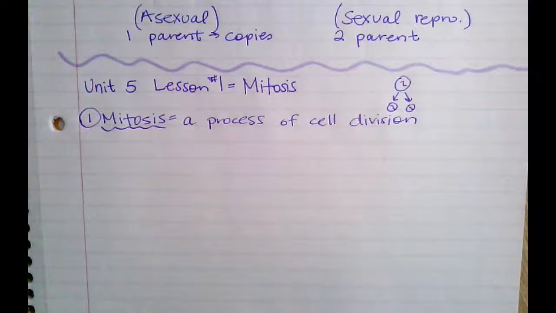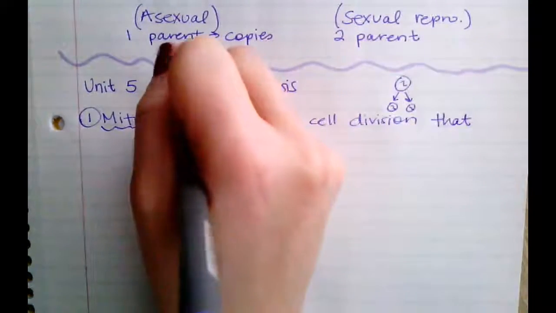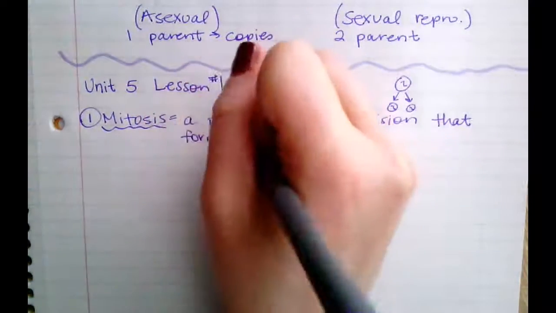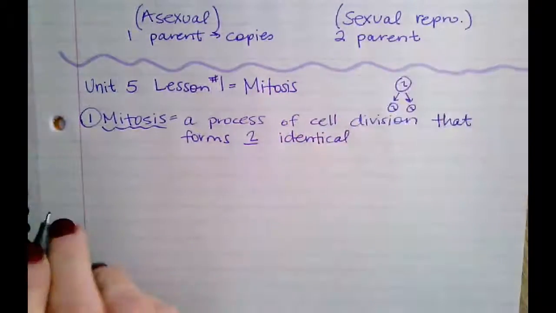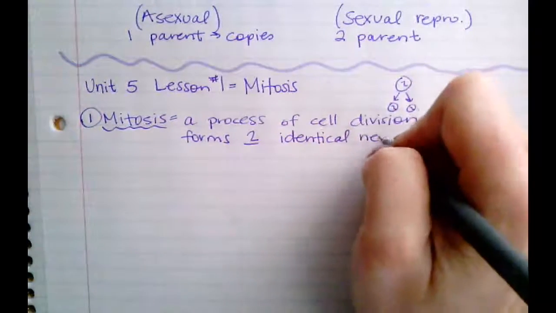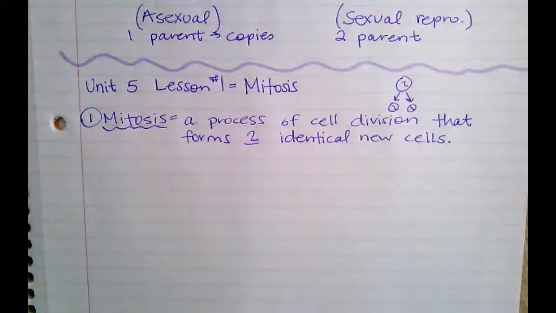So it divides, which actually means that the number is going to go up. So it's cell division that forms two identical new cells. So we start with one and then we go to two.